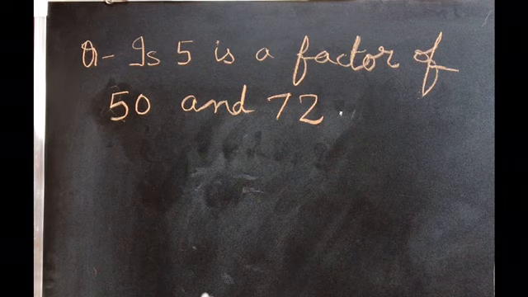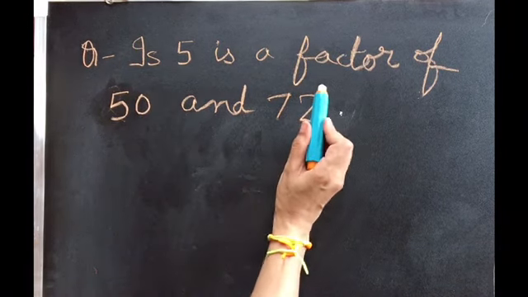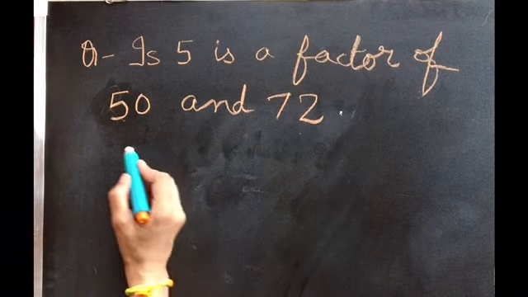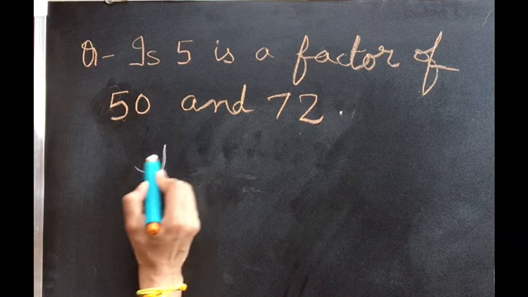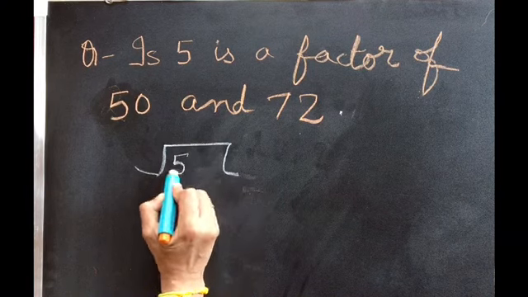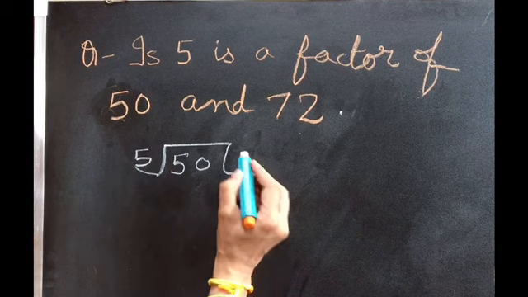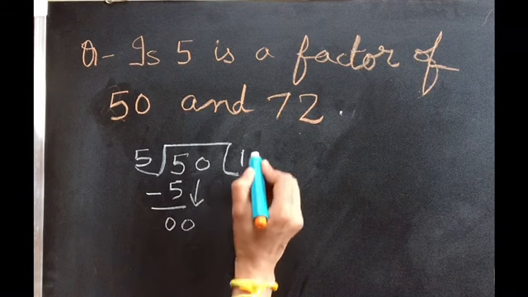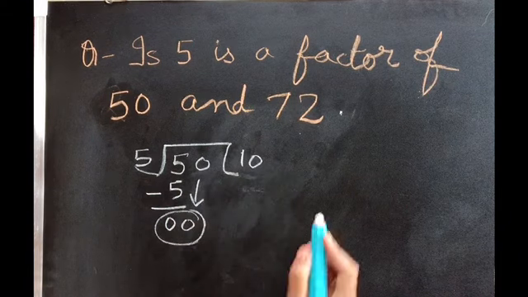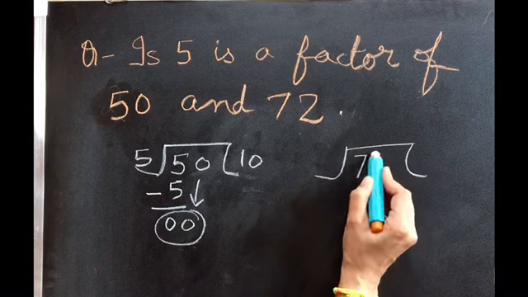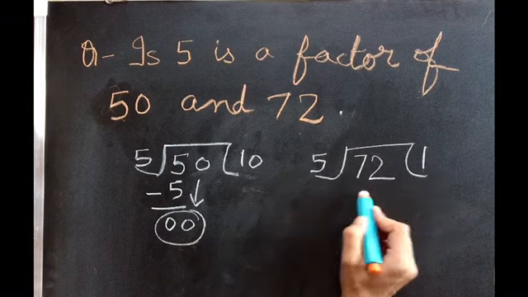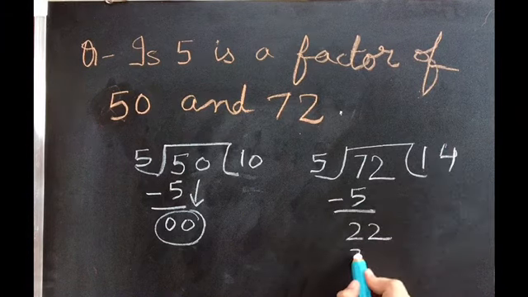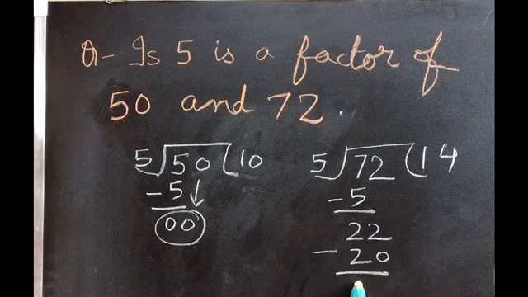Now, our next question is whether 5 is a factor of 50 and 72. For that, we will have to find out whether it is exactly dividing these numbers or not. 5 into 5, 5 ones are 5, 0, this 0 will come down, 0. So your remainder is 0 here. Now, 72. 5 ones are 5, this is 22, 4 fives are 20, this is 2.